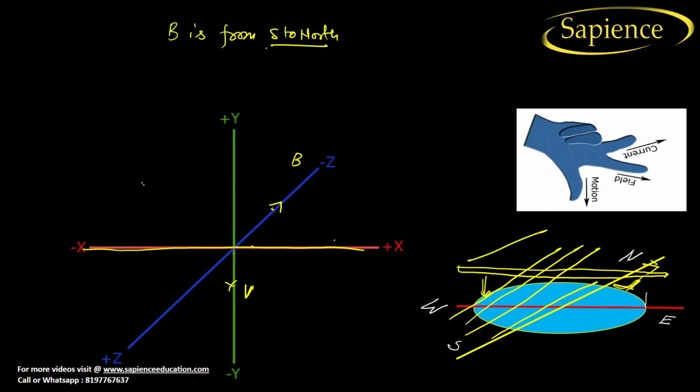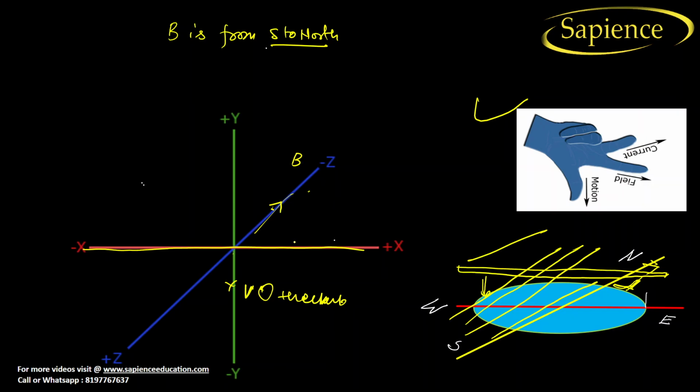So we need to find the induced current direction, right? If you use the right hand thumb rule, from this figure you can see that you have to use your right hand, don't use your left hand. The thumb shows the motion, you just put the ring finger on this side, and this side the middle finger.